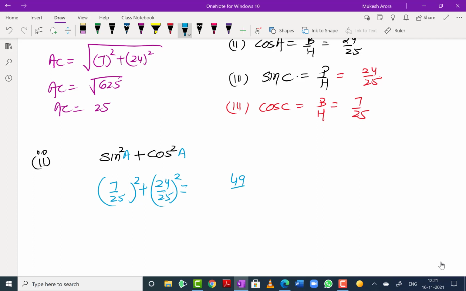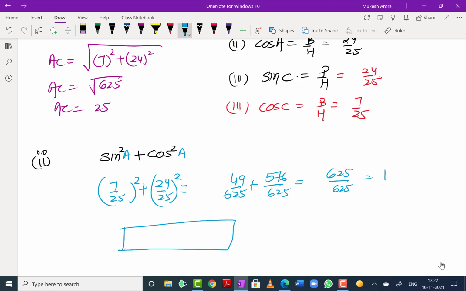So this is 49 by 625 plus 576 by 625. 625 by 625 is 1. So from here it is proved that sine square theta plus cos square theta is equal to 1. This is one identity which we have to remember.